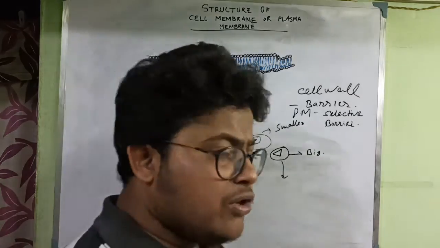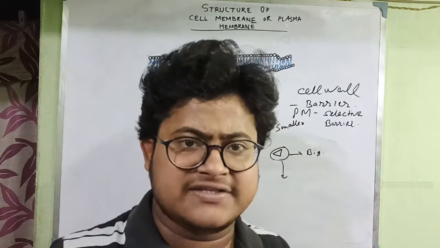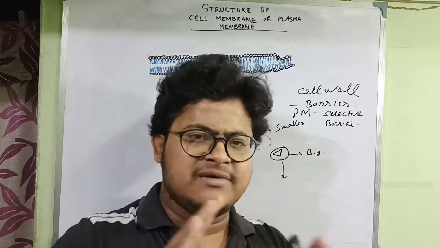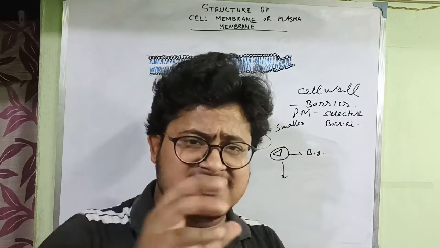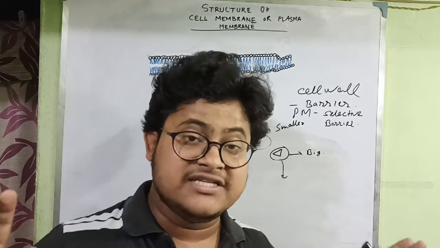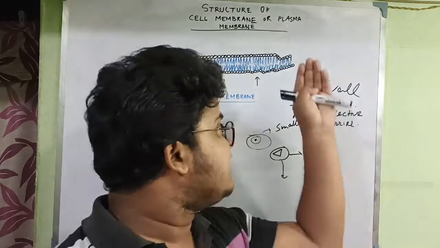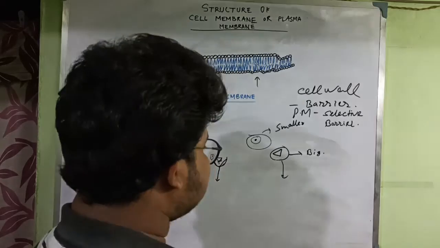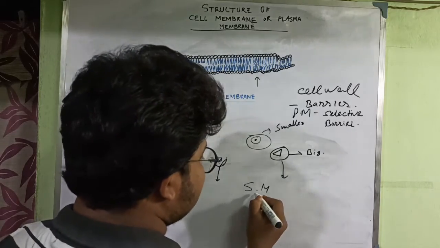But if a molecule is not needed by the cell, its structure, large or small, doesn't matter. The structure or size does not matter. This is conducted by the certain needs of the cell.